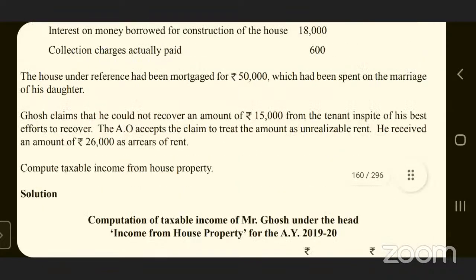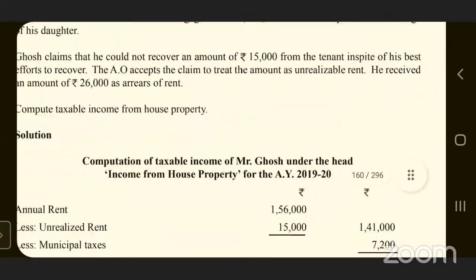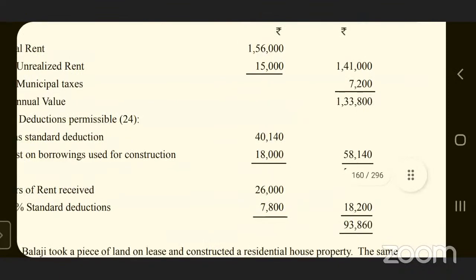Here, one peculiar situation is there. At the last, the AO accepts the claim to treat the amount as unrealized rent, but later he received the amount of 26,000 as arrears of rent.